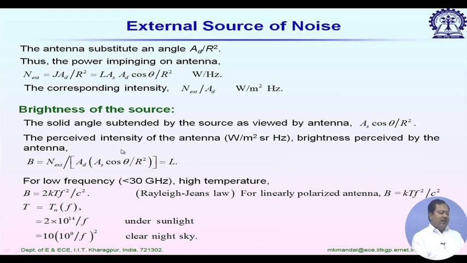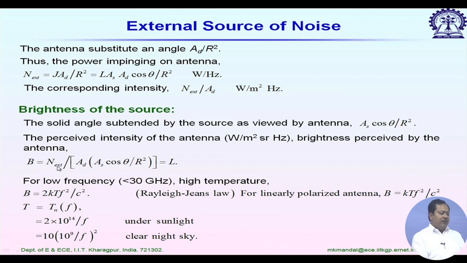Then the brightness perceived by the antenna, B, is equal to N external divided by AD divided by AS cos theta by R square. Total power we know, intensity we know, and we have to divide by the angle so that it has the value per unit solid angle.